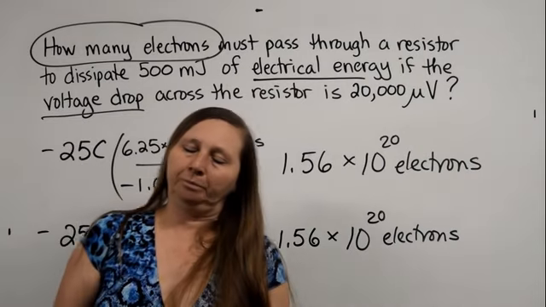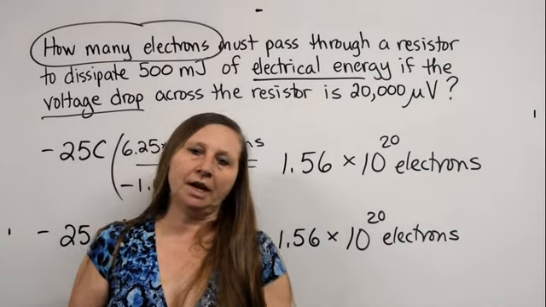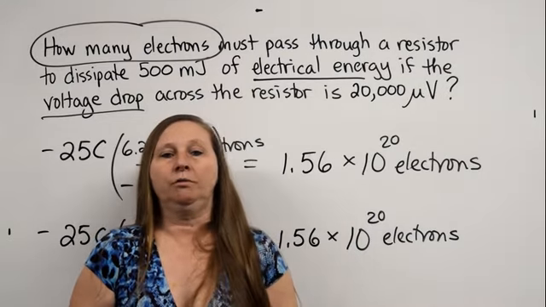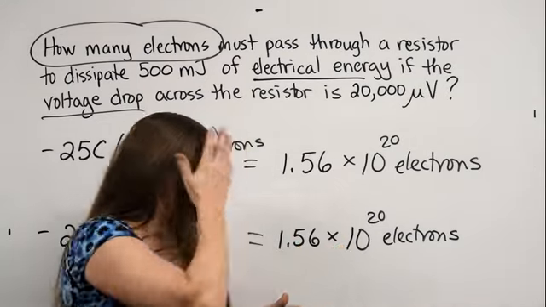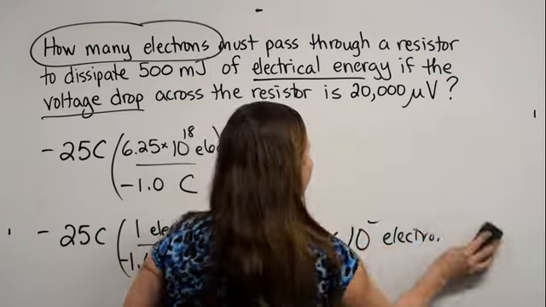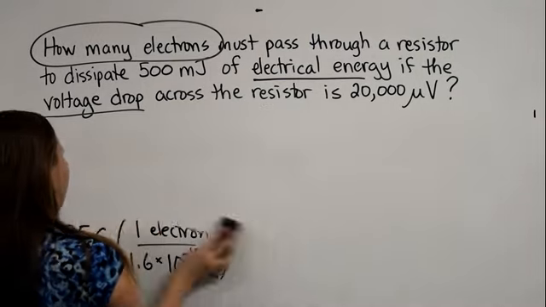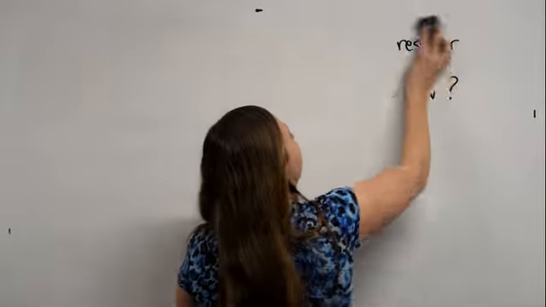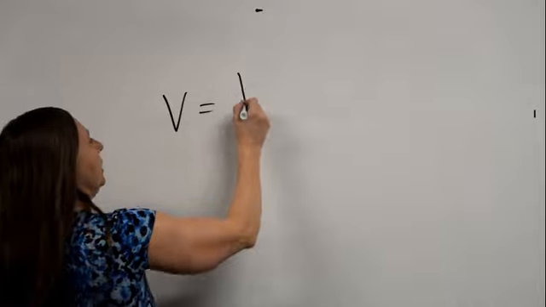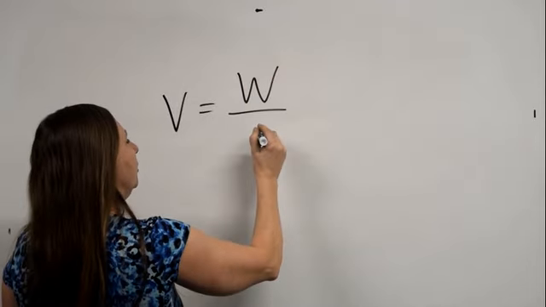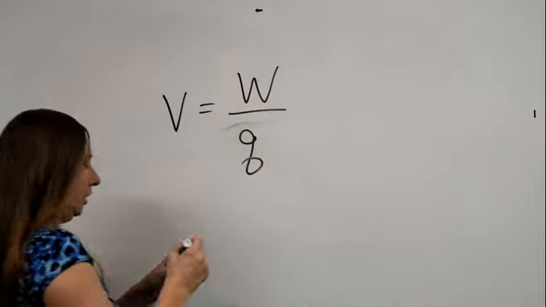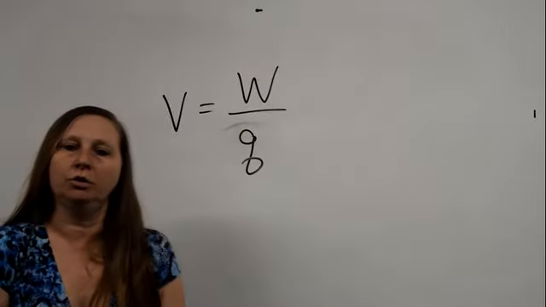So in this section, we were talking about voltage. Voltage is the amount of electrical energy. Take a quick little look at the equation. Voltage is the amount of electrical energy per charge, which is usually 1 coulomb.